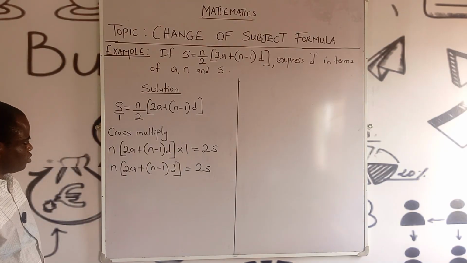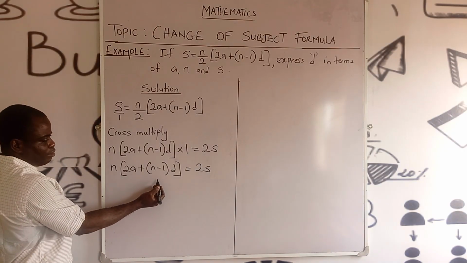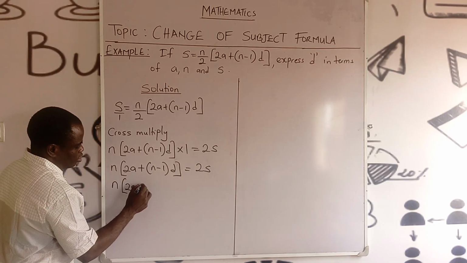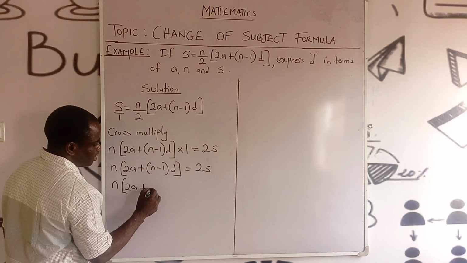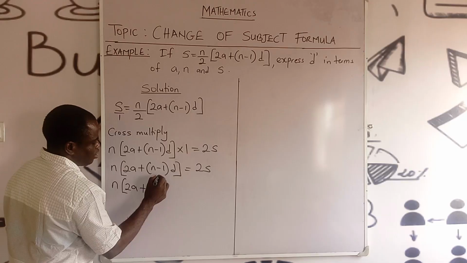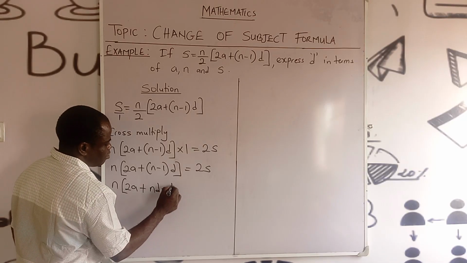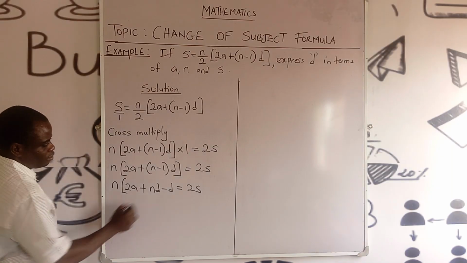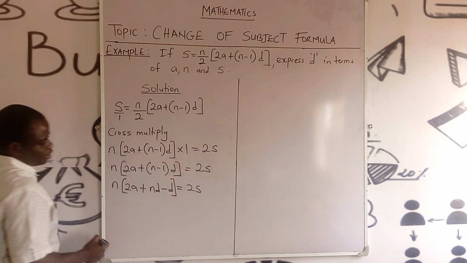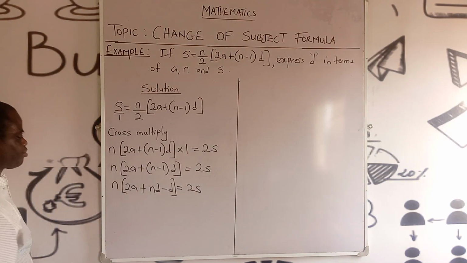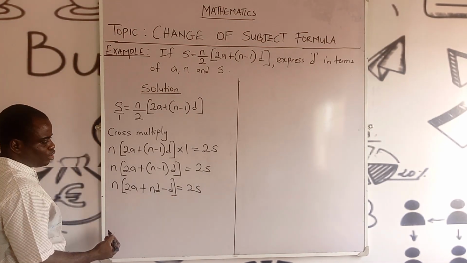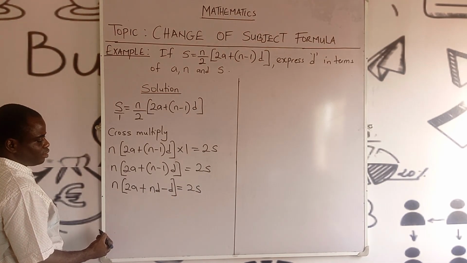At this junction now let's open the inner bracket. n into 2a plus n times d, that's nd, minus 1 times d, that's minus d, equals to 2s. Close the brackets, the outside bracket. Now let's use this n to open all the brackets.